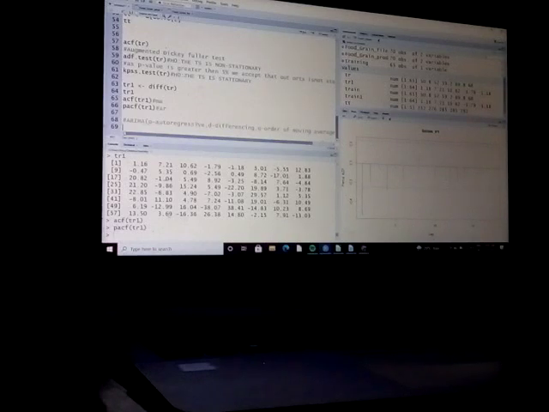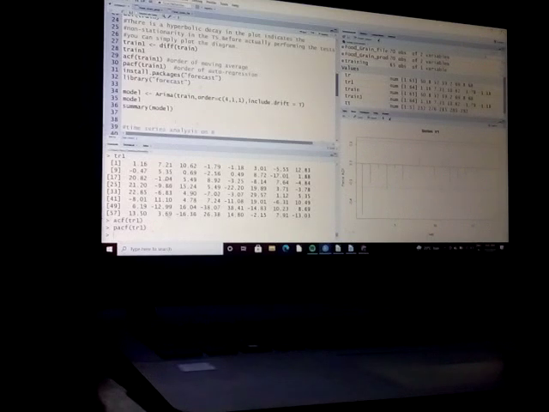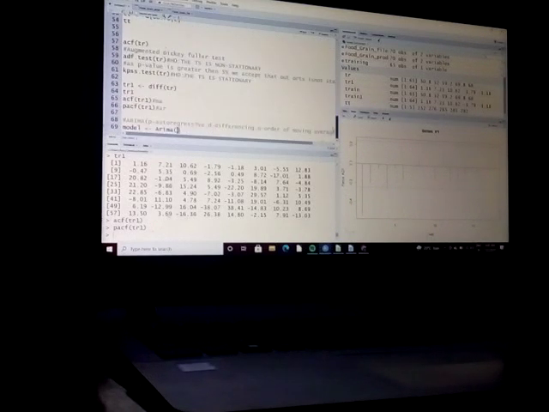So now we can build the model. What I will do is model ARIMA. What is our data?